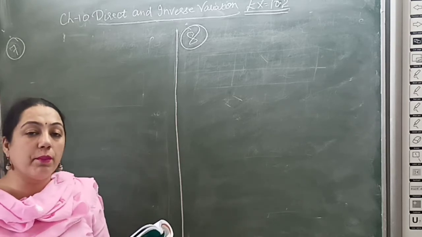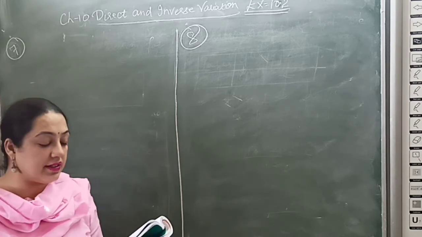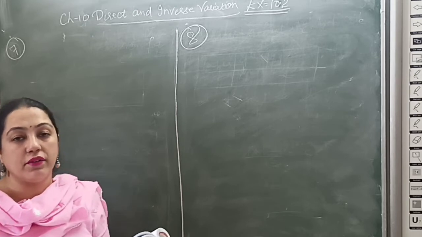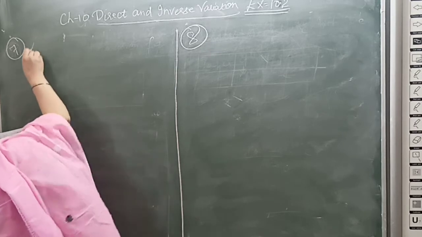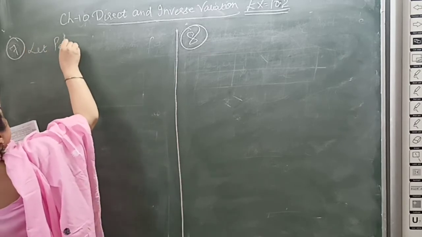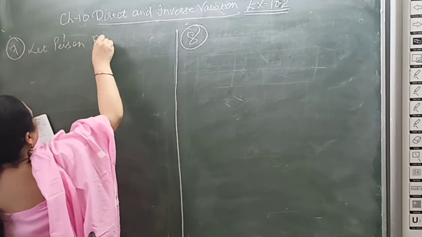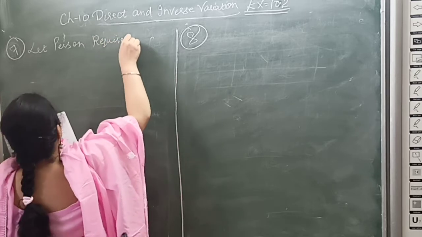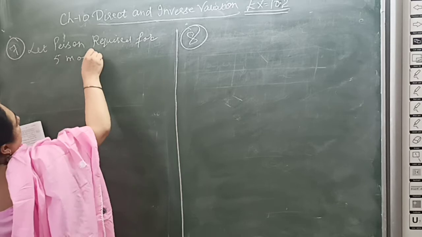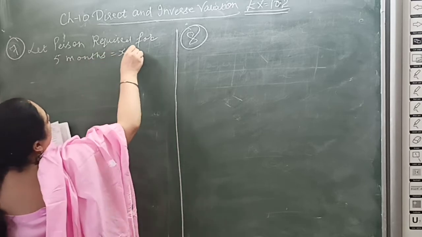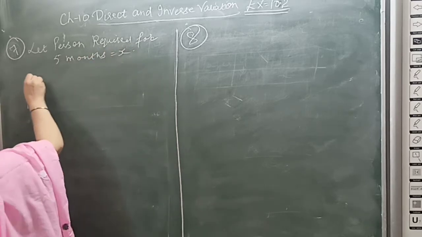So, whenever the months decrease, then it means the persons required will increase. Right? So, let us suppose the persons required for 5 months will be x.